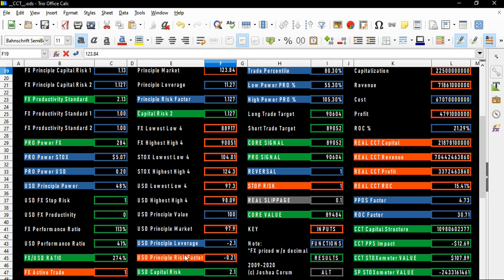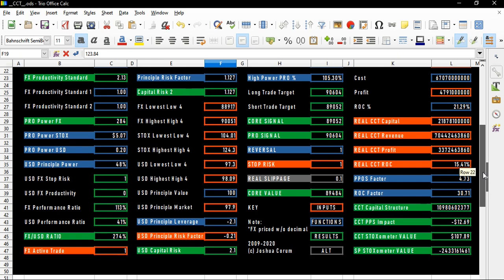Now here's something very important. At the very bottom left-hand corner, this is strange on this particular currency pair, but the Forex active trade is only 1 pip. Keep that in mind. The Forex active trade on this is just 1 pip. And what that typically means is we're at a place where the market is really tight.